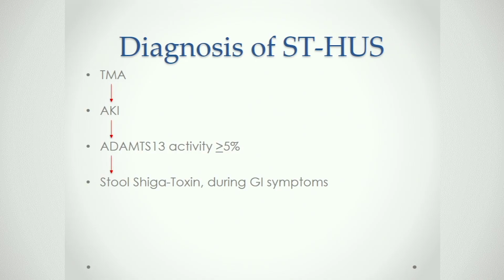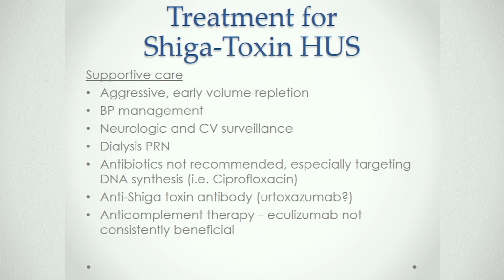So in this case, the simplistic form of this approach for this patient was she had TMA, she had acute kidney injury, her ADAMTS13 activity was greater than 5%, so it didn't look like she had TTP, and she had a positive Shiga toxin. So treatment for her included aggressive volume repletion, blood pressure management in the setting of her kidney injury, surveillance per se, attention to her neurologic and cardiovascular health, and dialysis as needed, while at the same time not using antibiotics, in order to limit complications and aid recovery from this.